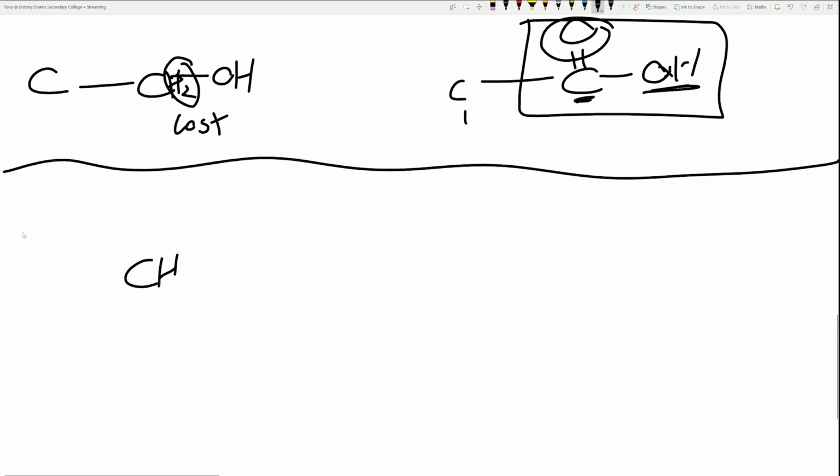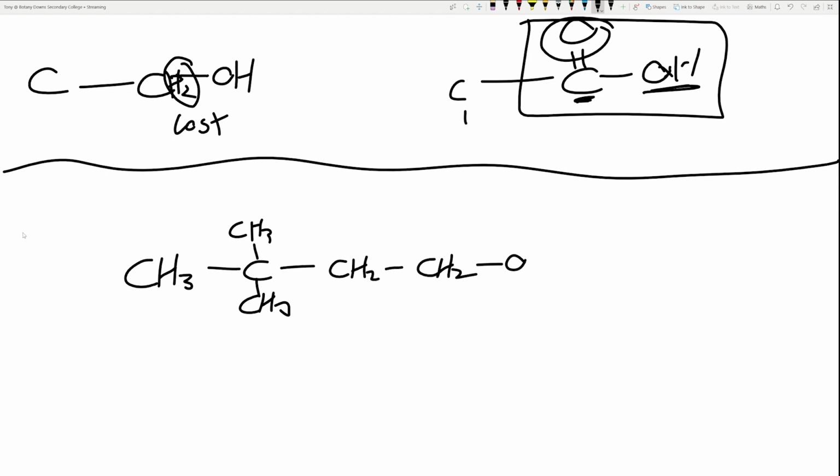And we can do another example. It doesn't matter what I have on this side. I can have CH3 here, I can have CH3 here, I can have CH2, CH2, OH. As long as you have a primary alcohol, so the OH group is bonding to a carbon that's only bonding to one other carbon, you just copy everything else that you see.